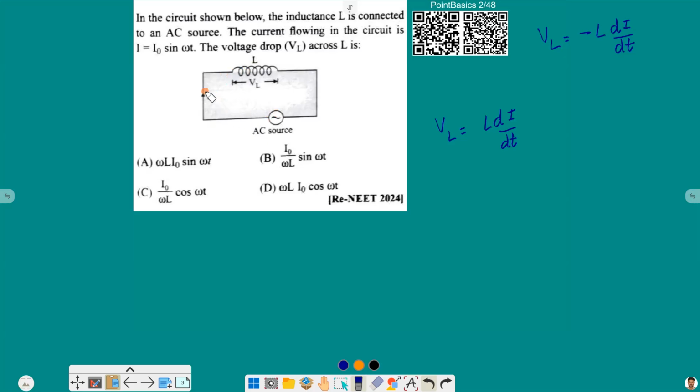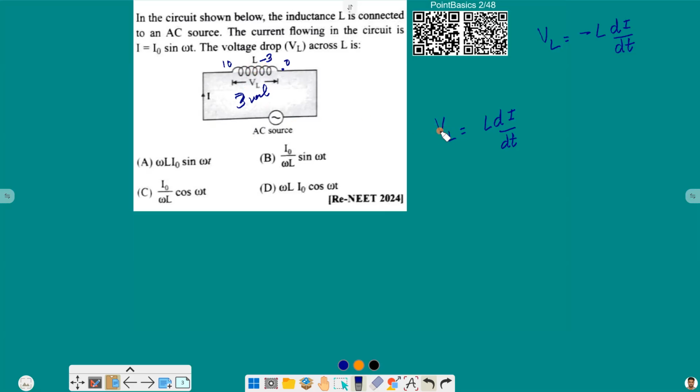Suppose due to the AC source we supply 10 volt here to the terminals of this inductor, and due to induced voltage it produces minus 3 volt. So the final drop of potential will be 3 volts, because this minus 3 volt will be added here. So the drop of potential across this inductor will be 3.